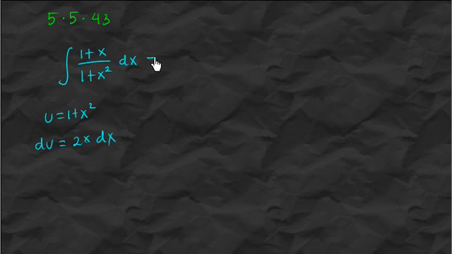Notice that we can split this integral into the integral of 1 over 1 plus x squared plus x over 1 plus x squared dx. By the property of integrals, we can write this as two integrals.